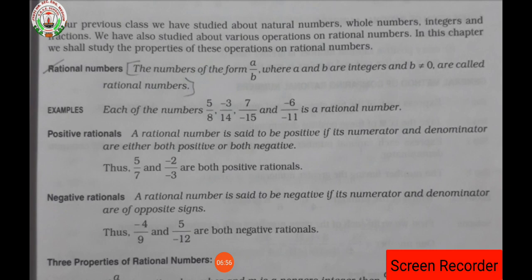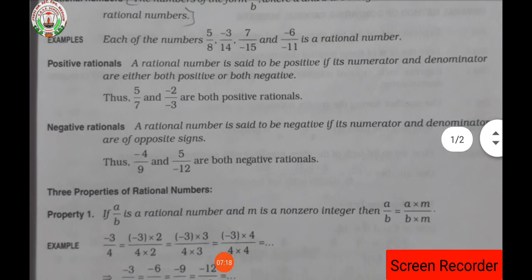Okay, opposite sign, that means if the numerator is a positive number, then definitely the denominator will be negative. If the denominator is positive, then definitely the numerator will be negative. Clear everyone? So this is the definition of a negative rational number. Have you understood everyone?